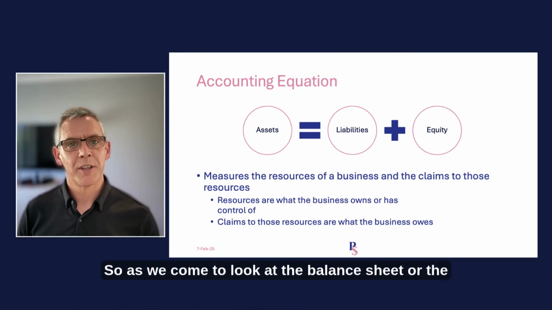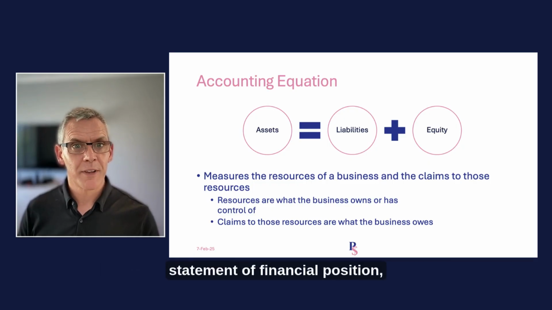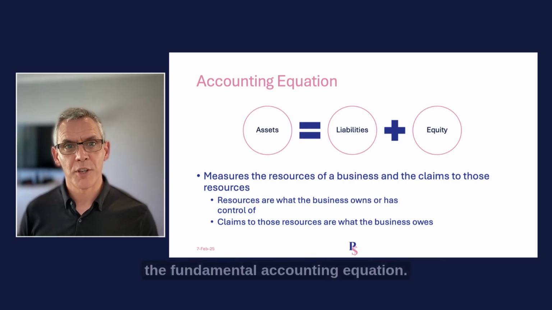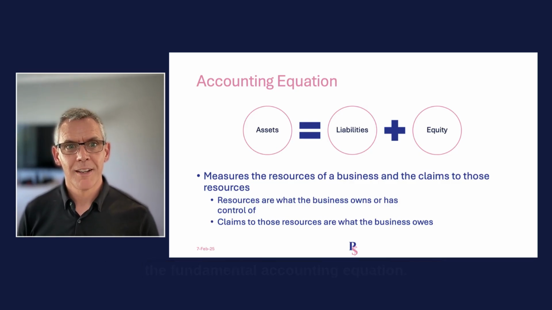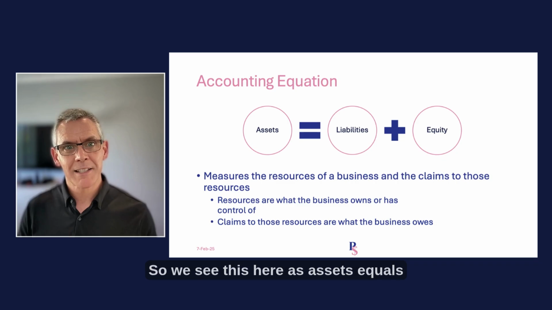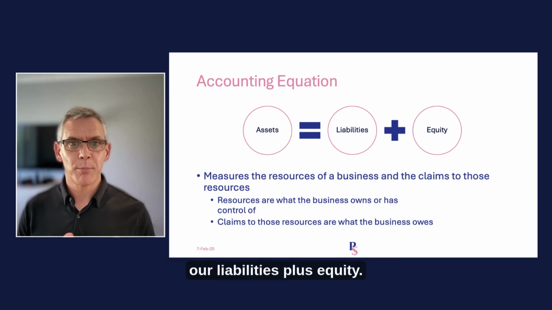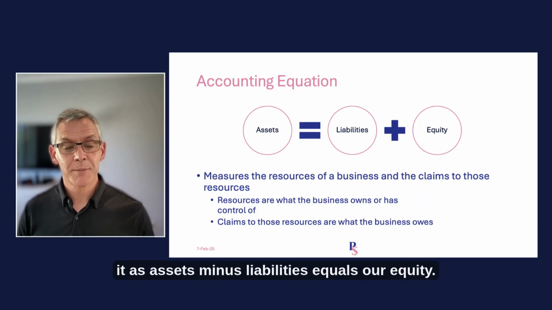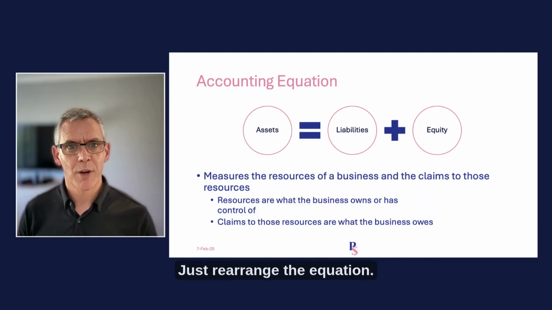So as we come to look at the balance sheet or the statement of financial position, we can now introduce what's often referred to as the fundamental accounting equation. So we see this here as assets equals liabilities plus equity. Or we may see it as assets minus liabilities equals our equity, just rearranging the equation.